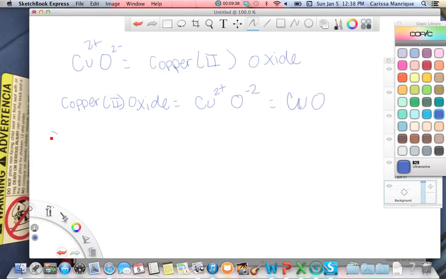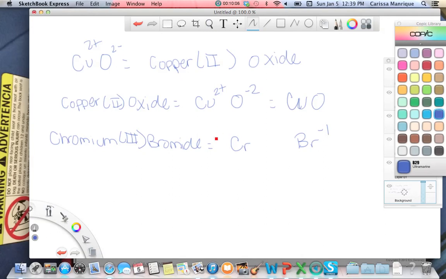Okay, let's do another one. Let's do the chromium 3 bromide. So let's write down the simple part, which is just the symbols. So you have Cr and Br. Okay? What charge does bromine have? Well, it's in group 7, so it'd be a -1.